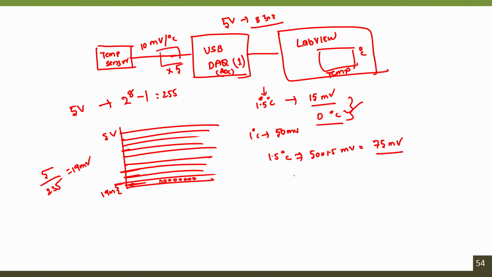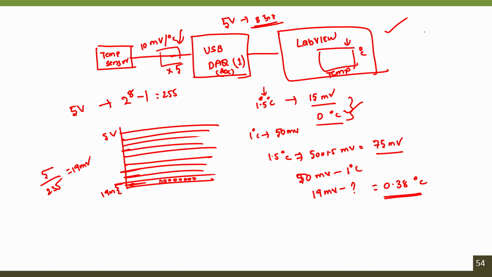If 50 millivolt represents 1 degree centigrade, then 19 millivolt will be 0.38 degree centigrade. So the temperature can be measured with a resolution of 0.38 degree by introducing a signal conditioning circuit, utilizing the same 8-bit ADC.